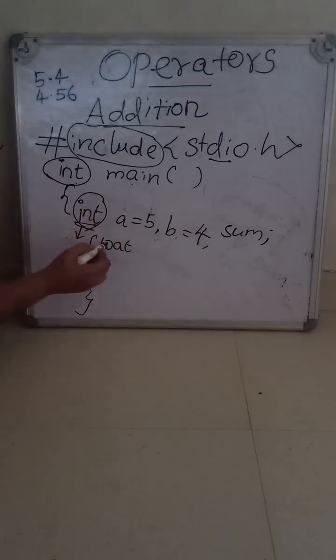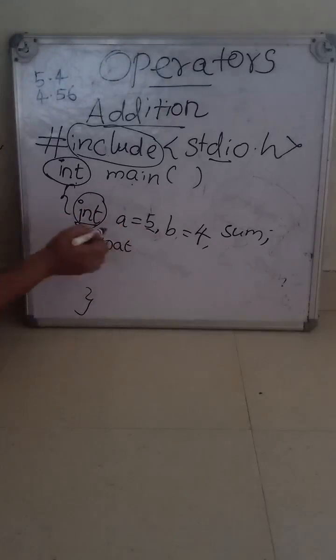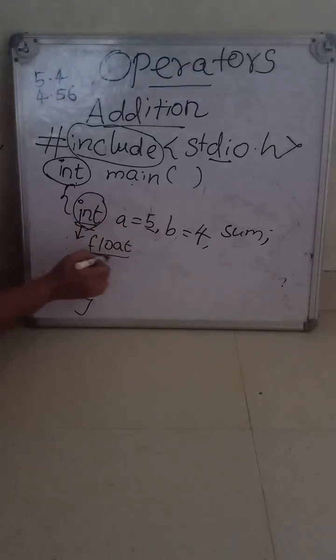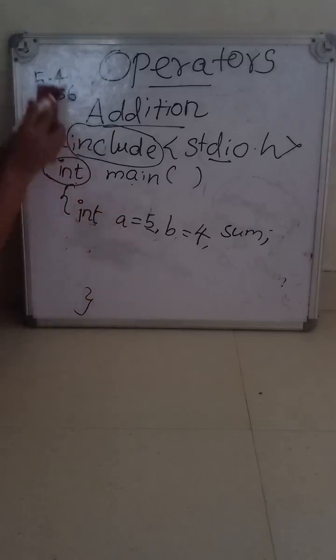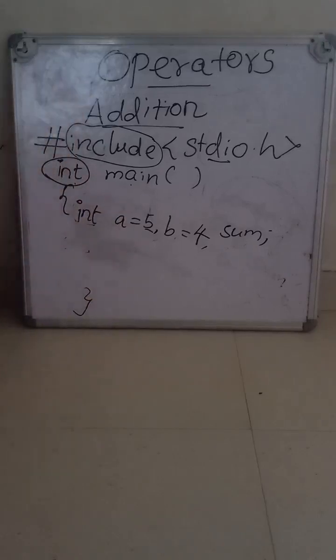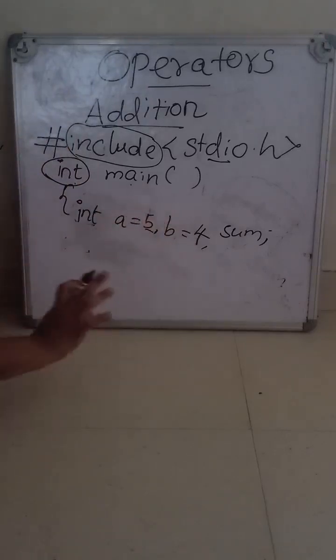Here we are performing only integer addition, so we have to declare it as int. If it is real values, I have to declare it as float. That is enough. Now we have initialized the two values as input.